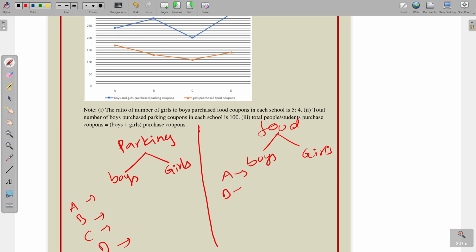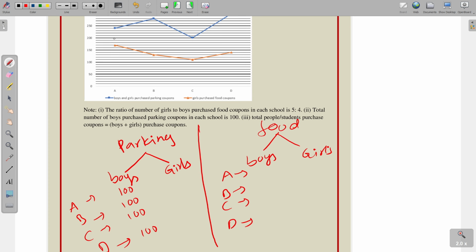A, B, C, D. First, the ratio of the number of girls who purchased food coupons in each school is 5:4. The total number of boys who purchased parking coupons in each school is 100. For every school, parking coupons for boys is 100, and they given the total for boys and girls.